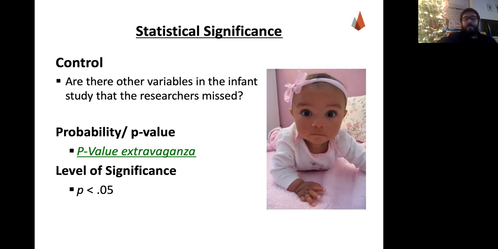And one of them is that p-values tell us a little piece of the information. All a p-value means is basically the likelihood that you would expect to see given results if the null hypothesis were true.